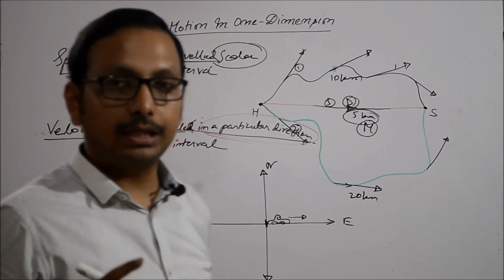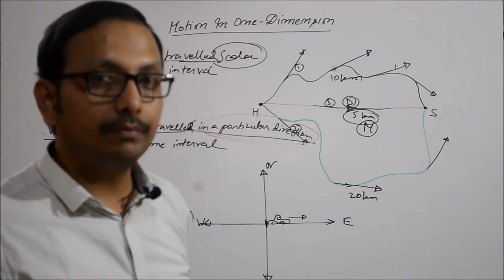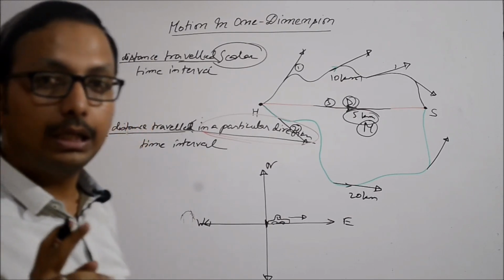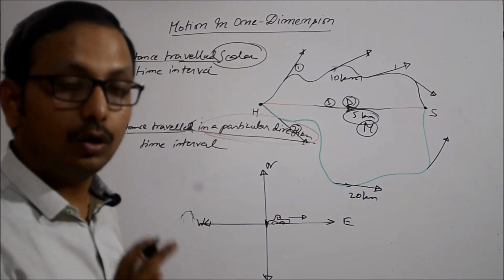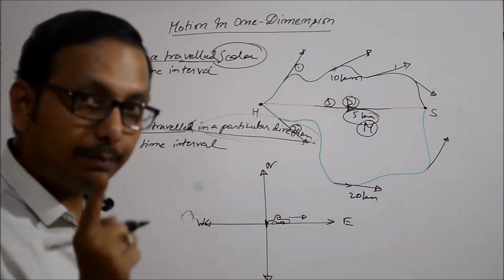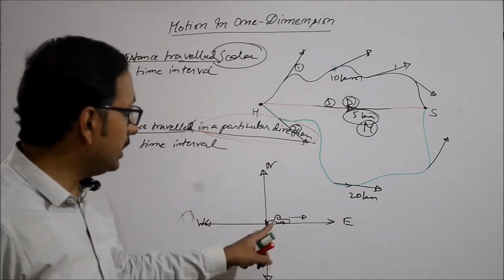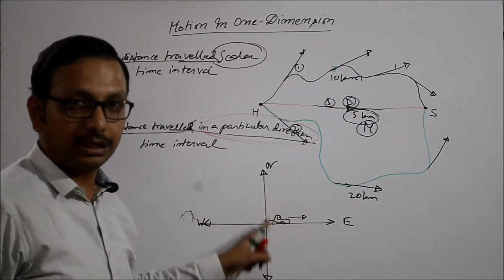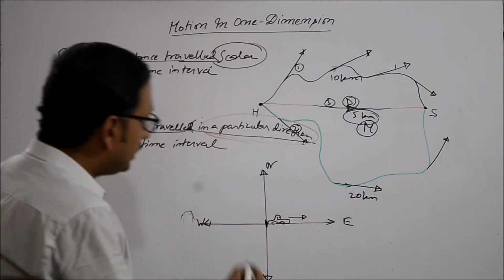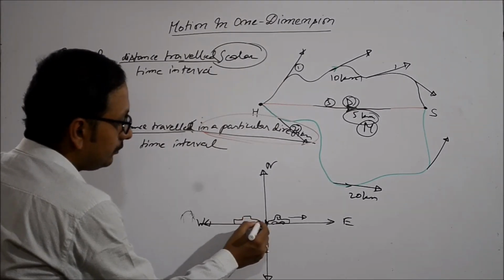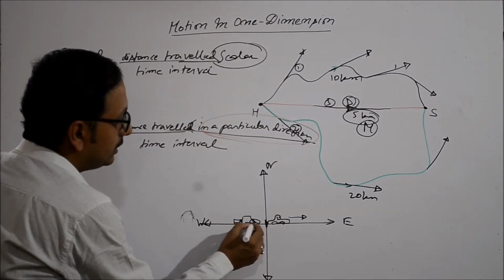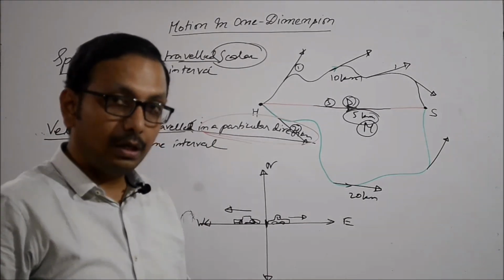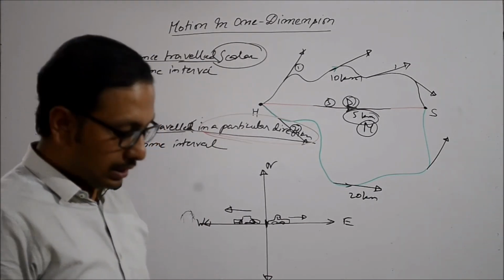That means I am telling, the car is moving, and also it is moving eastward or towards east. That means I am giving a direction to it. That means if it is in a straight line path, it is moving with certain velocity. Similarly, the other car is also moving, but it is moving opposite to this one and towards west.